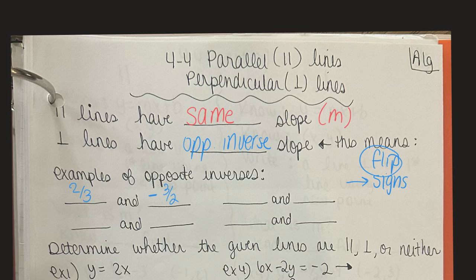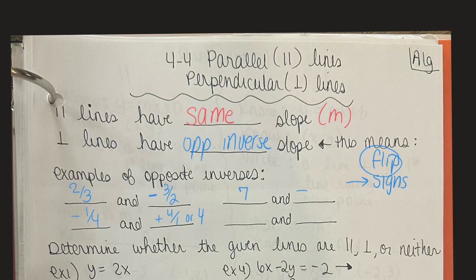Okay, let's say I had negative 1/4. Well, then the opposite inverse would be positive. And if I flip 1/4, I now have 4/1, or just 4. Okay, if I have 7, the opposite is negative.